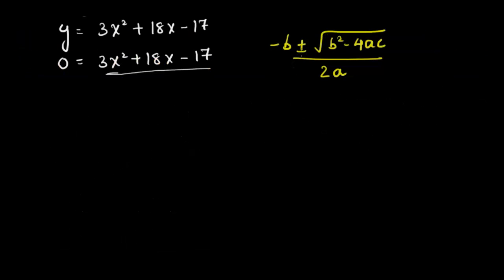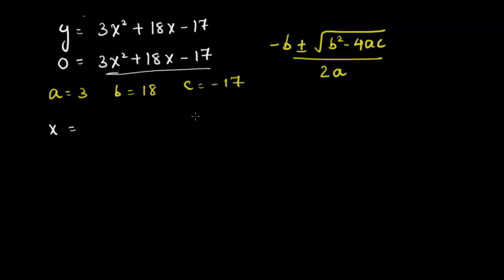We know the quadratic formula is negative b plus minus square root of b squared minus 4ac, divided by 2a. We also know the a value is equal to 3, b is plus 18, and c is negative 17. Now we use these three values and substitute into the quadratic formula to solve for x.